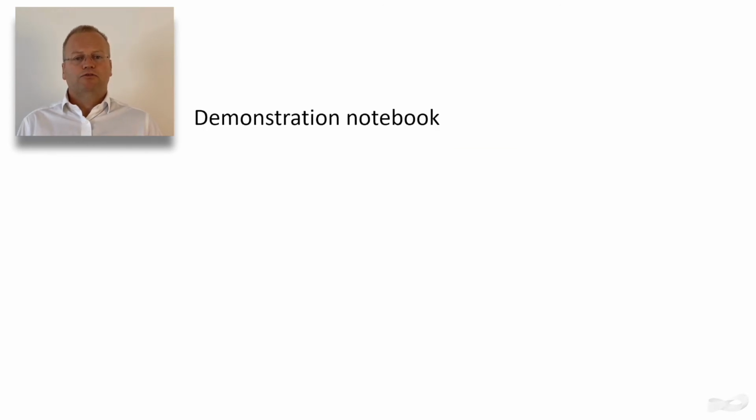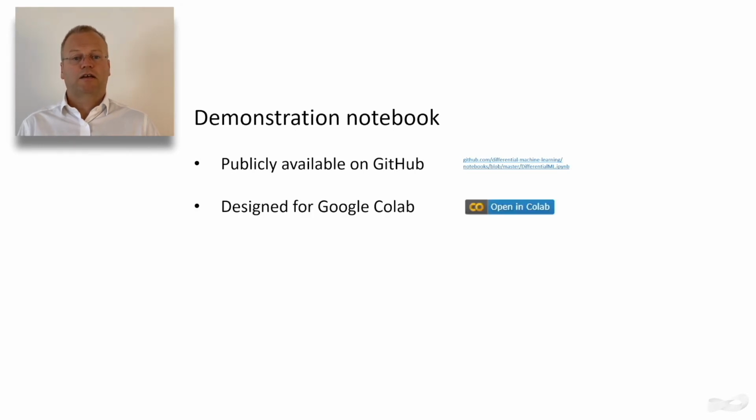You can reproduce these results easily with our demonstration notebook. We made it publicly available on our GitHub repo, Differential Machine Learning. It is designed to run on Google Colab online, so you can execute it in your browser on Google's GPU servers without a local installation of TensorFlow.